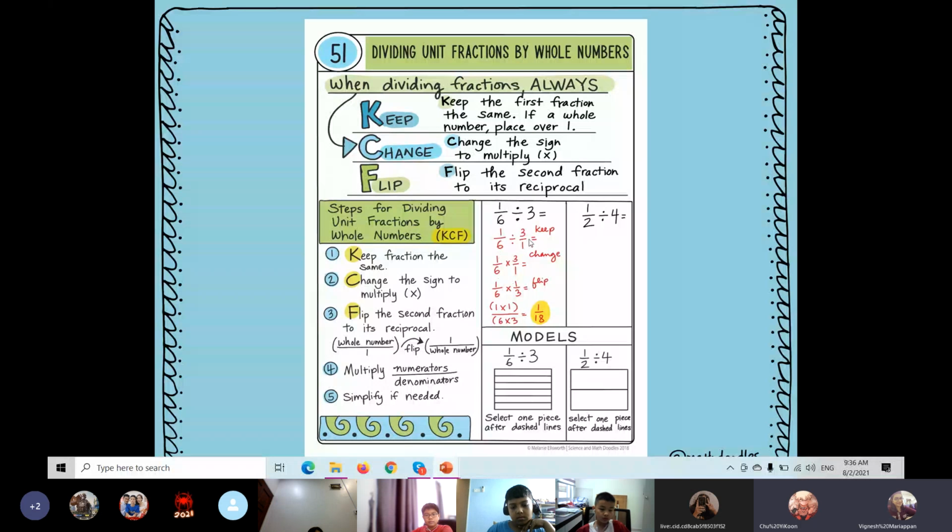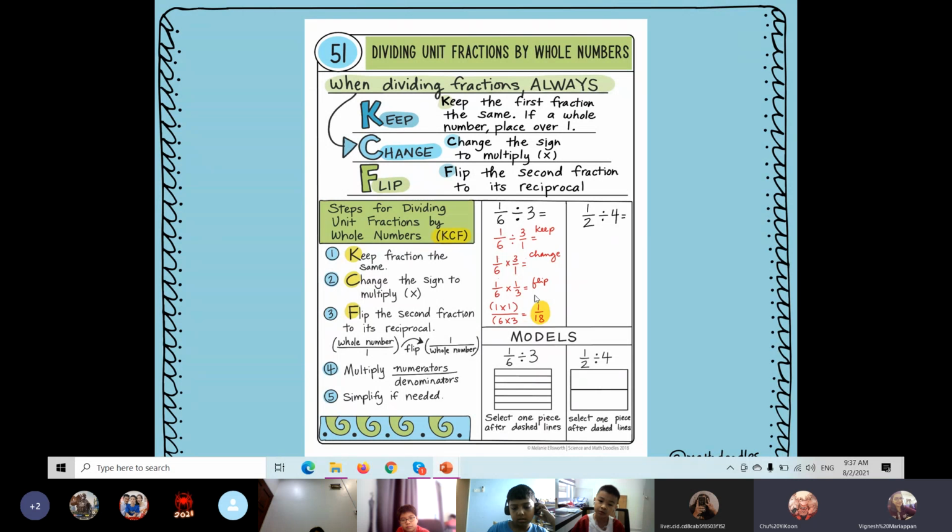The denominator goes to the numerator, and the numerator comes down to the denominator. 3 over 1 is the fraction, and if we flip the second fraction, it becomes 1 over 3. Can you see? Yes.